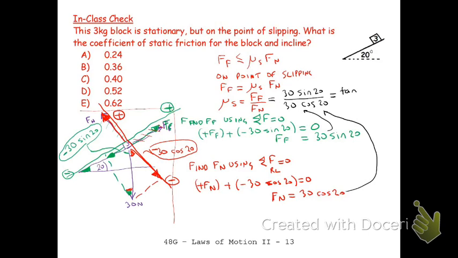Tan 20, which equals 0.364. What are the units? No units.